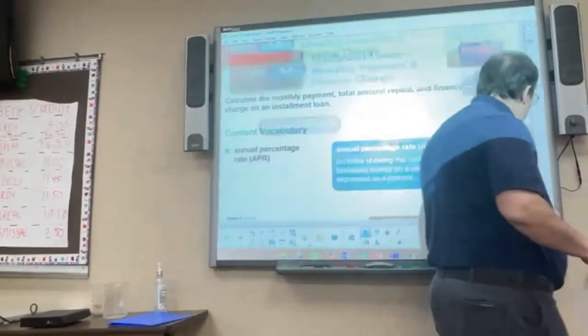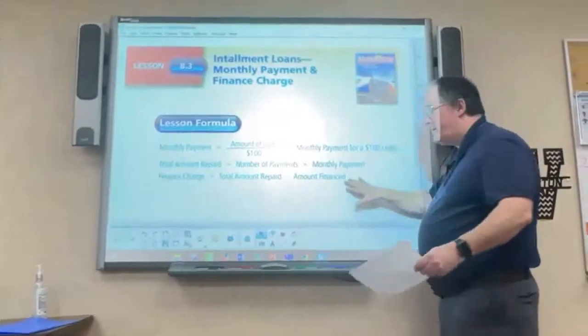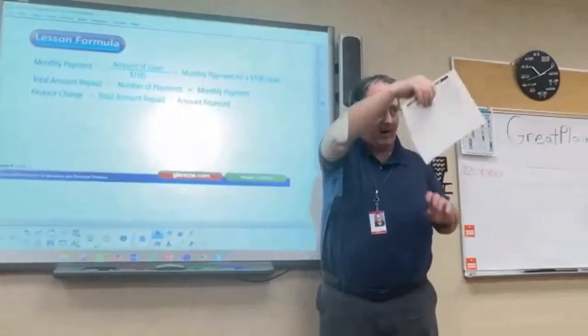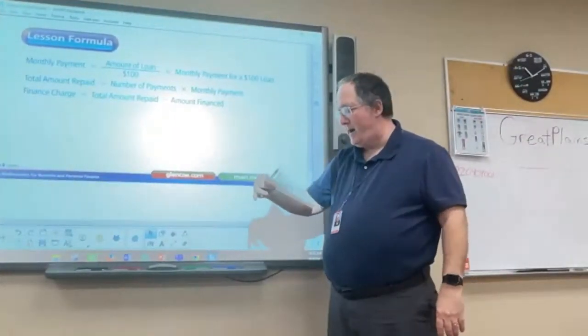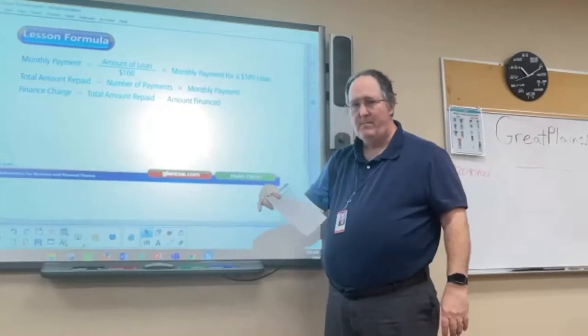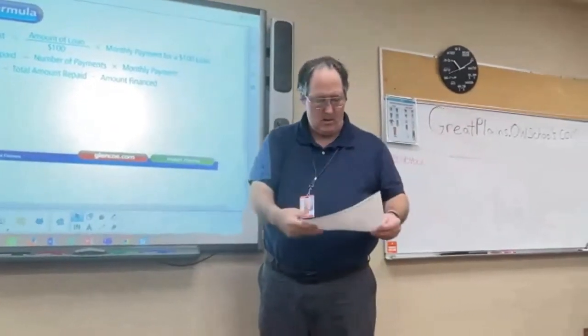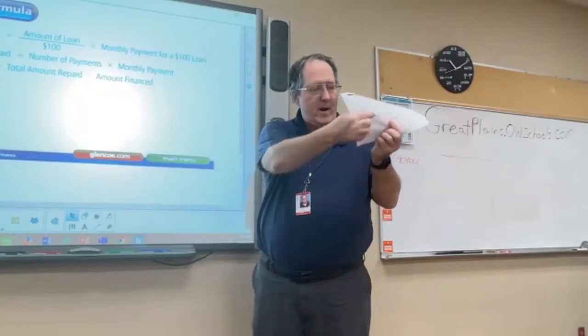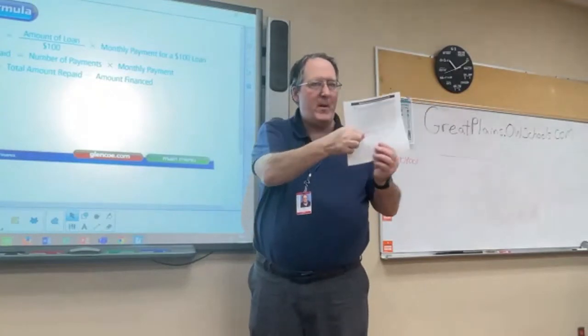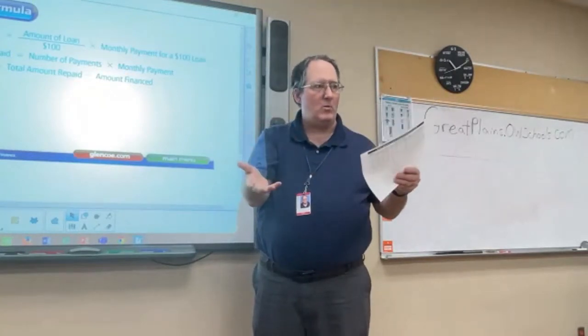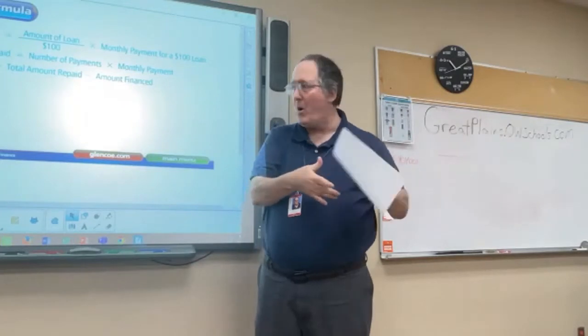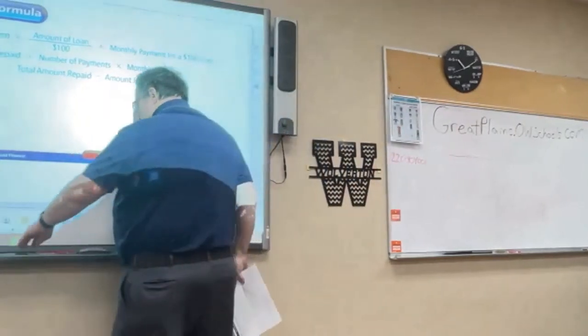But what you're going to do is, this is the formula, and this is on your handout right here. If you're trying to calculate a monthly payment, it says right here, monthly payment. The monthly payment is how much did I borrow? Going back to the example we did earlier, I borrowed $1,000 from the bank.